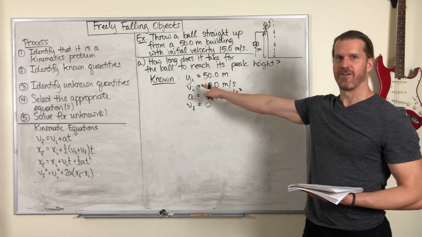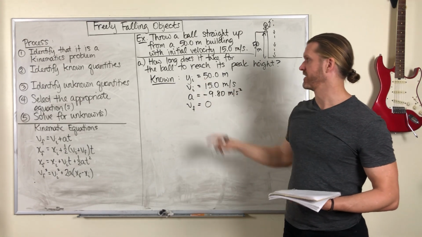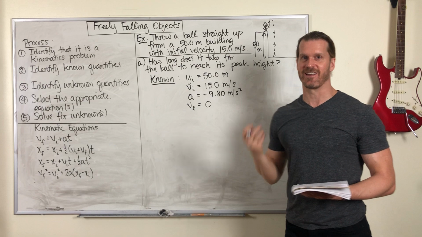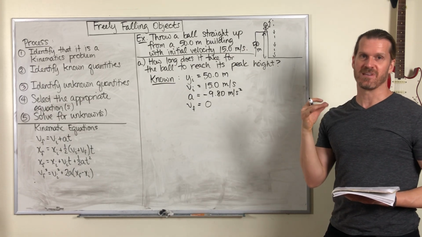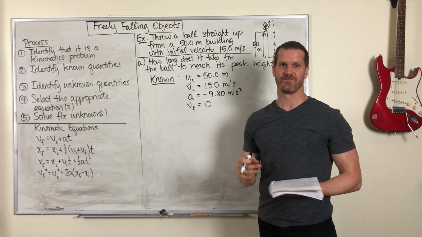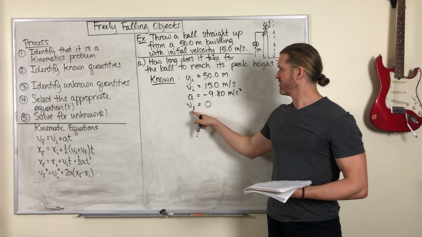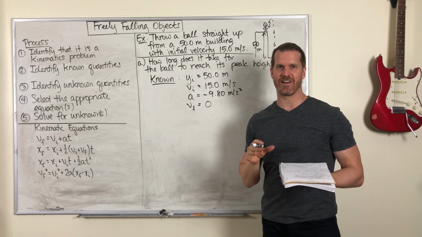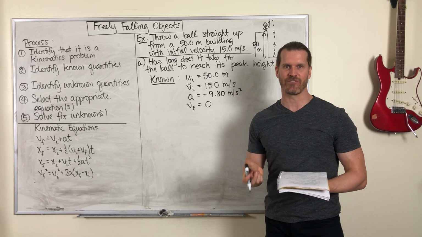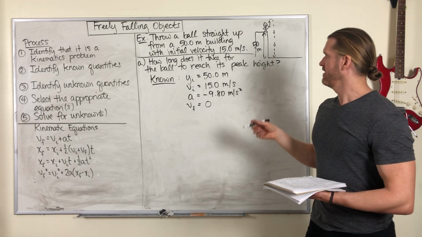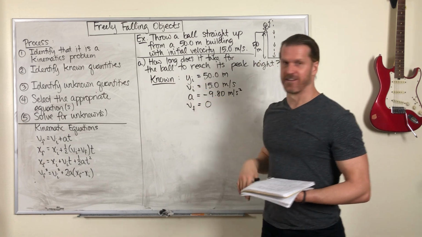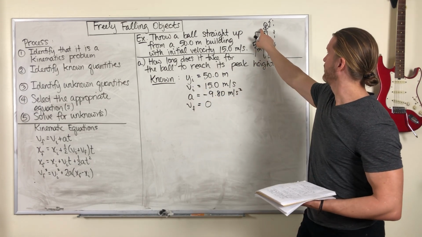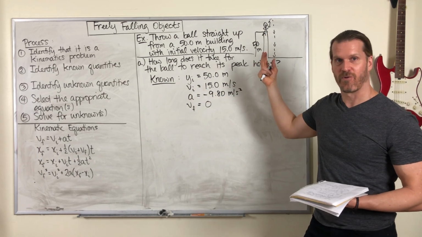Now I want to point out another thing about these quantities that I've mentioned a few times already, and that's what I mean by initial and final. I'm labeling these initial and final, but keep in mind that initial and final depend on what question you're answering. For this question, my initial situation is when the ball is first thrown.